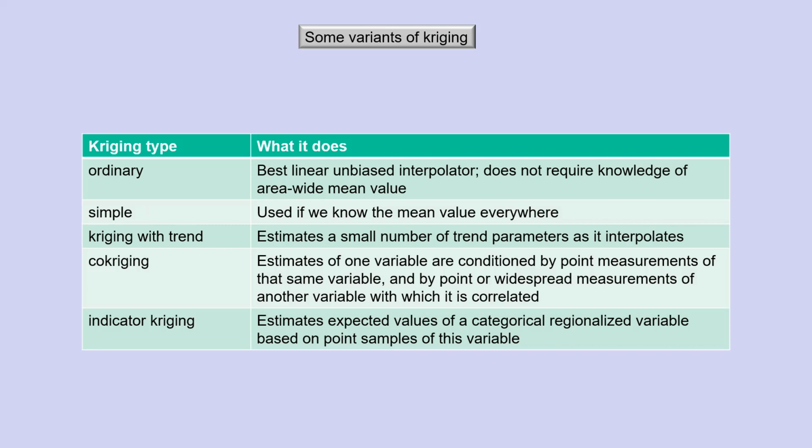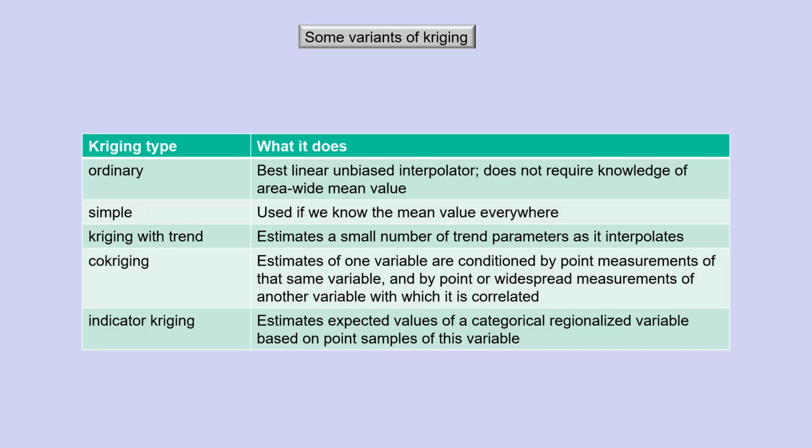If we do know the mean everywhere, the way we Krige can accommodate that knowledge. Slightly different equations, that's called simple Kriging.